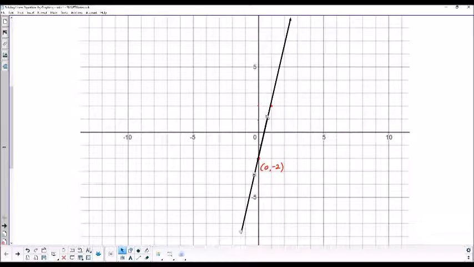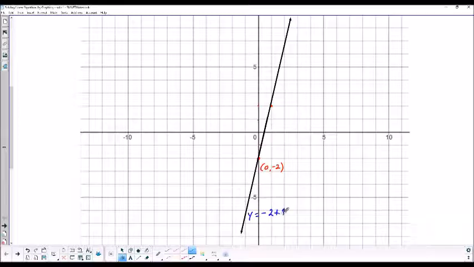Once you get a couple points on the line, you want to extend the line so we can see if there are any intersections with any other values. So this is the graph of y equals -2 plus 4x.